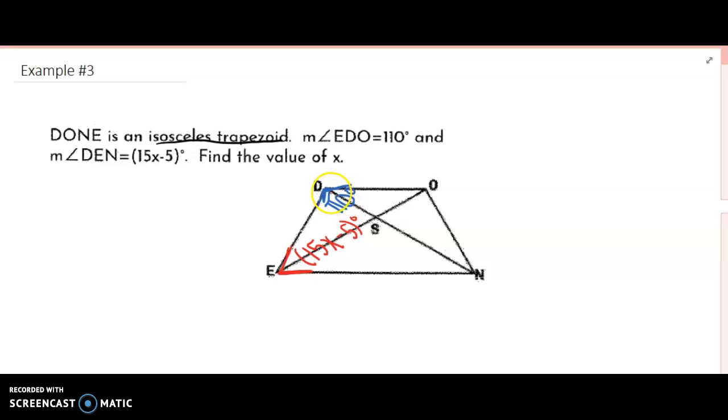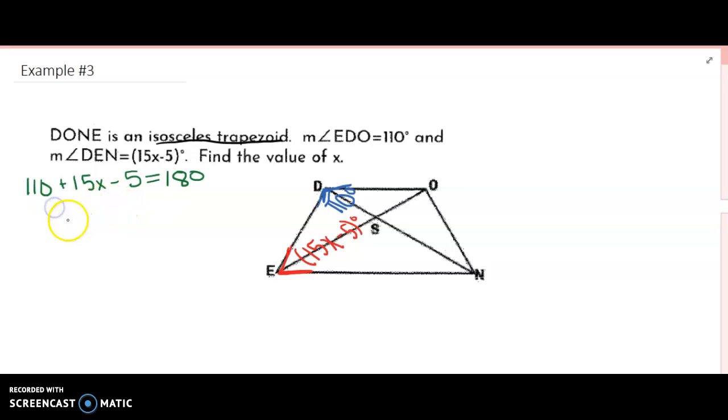what relationship do these two angles have? Well, these two angles are supplementary, and therefore they add to 180. So I could say 110 plus 15x minus 5 equals 180.